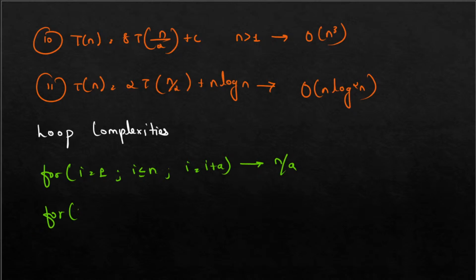For i equals 1, i smaller than or equal to n, and i equals i into a, then this will be log n to the base a. Alright everyone, I hope there is no doubt. Now let's discuss Master's method for solving such recurrence problems. There are three properties. After that we will see divide and conquer problems. So let's discuss Master's theorem now.